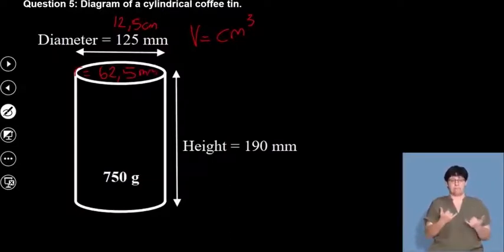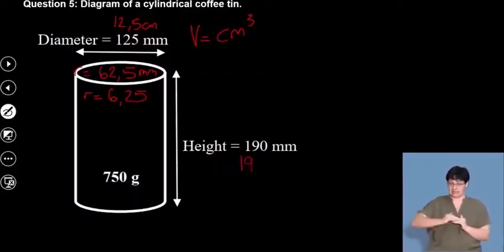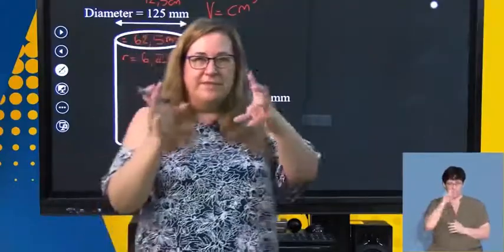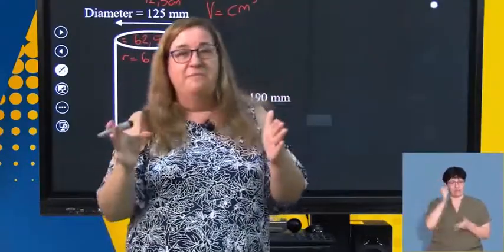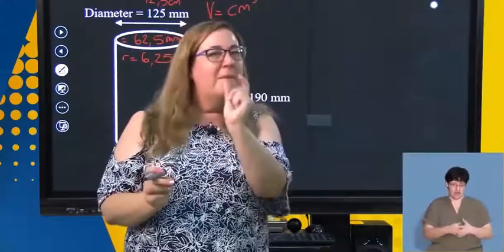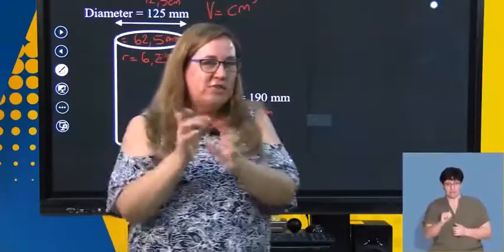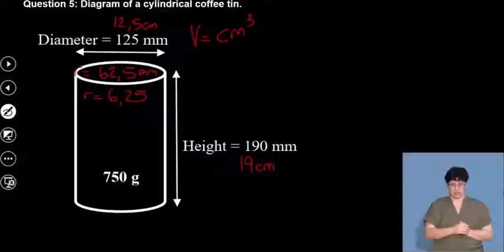So now in centimeters, it's going to be 6,25. Don't round this number off, you keep it exactly like that. My height is 19 centimeters. Just dividing by 10, and I can remember that because I've got a ruler in my pencil case, and it's got my millimeters on there, so 10 is easy to remember.